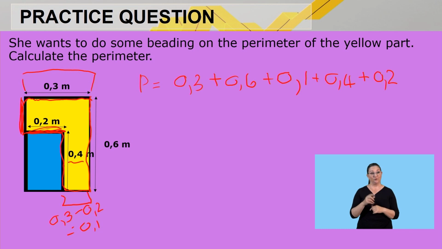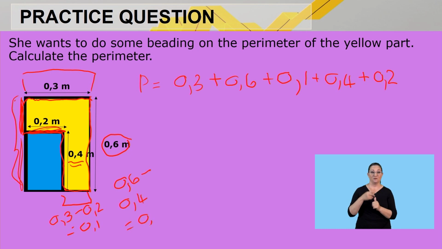So we need to remember that that whole part there is 0,6. And then this part is 0,4. So the measurement that we will be needing is 0,6 minus 0,4, which is 0,2. So then it's going to be plus 0,2.